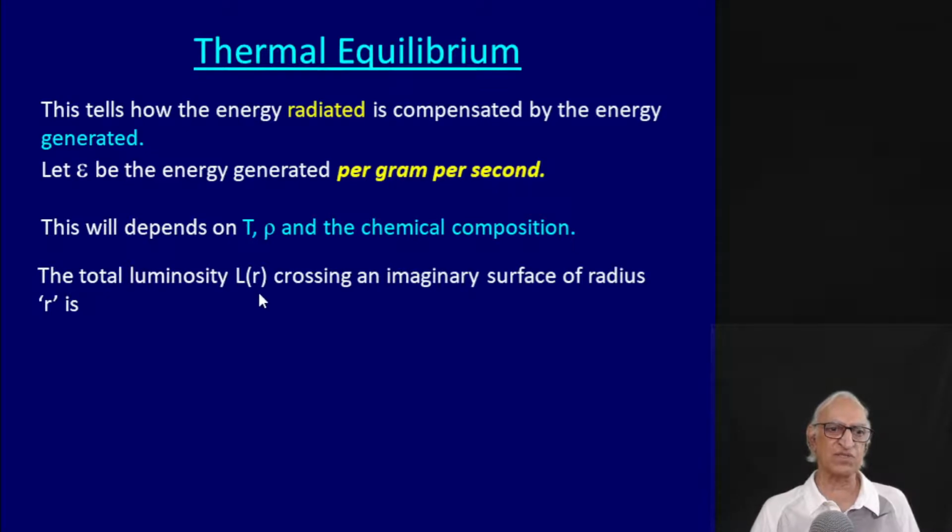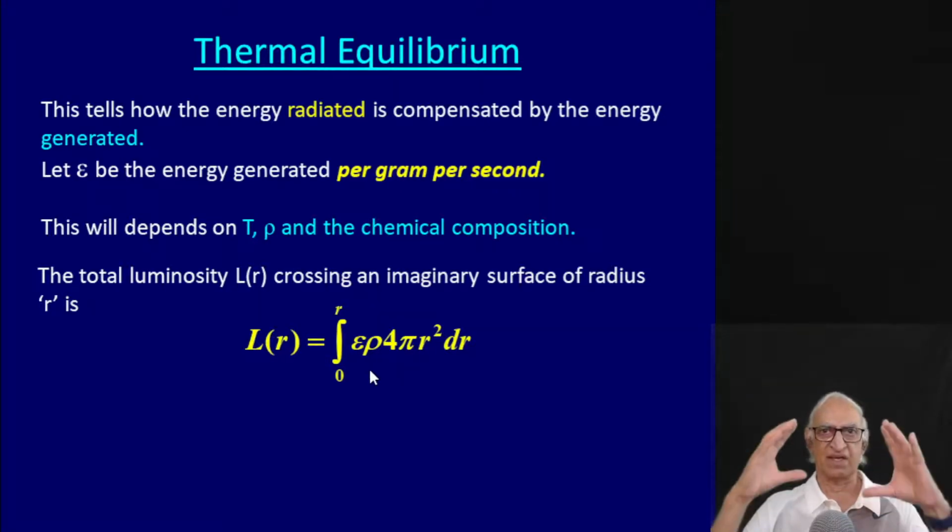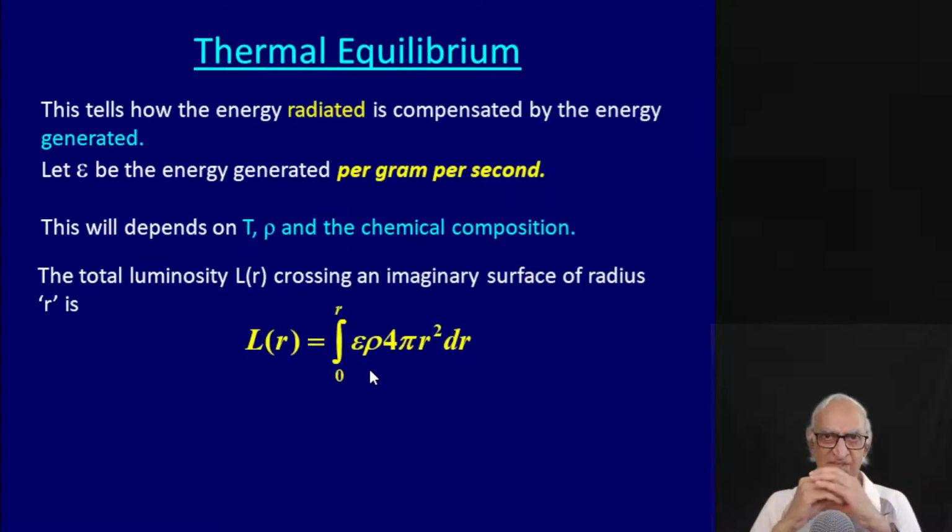The total luminosity L(r) crossing an imaginary surface of radius r is given by, I'm considering an imaginary surface of radius small r. Let's start at the center of that sphere and construct a shell whose radius is r, whose surface area is 4πr², whose volume is 4πr²dr, its mass is ρ times 4πr²dr. Therefore, the total energy that is generated per unit time there is epsilon times this mass.